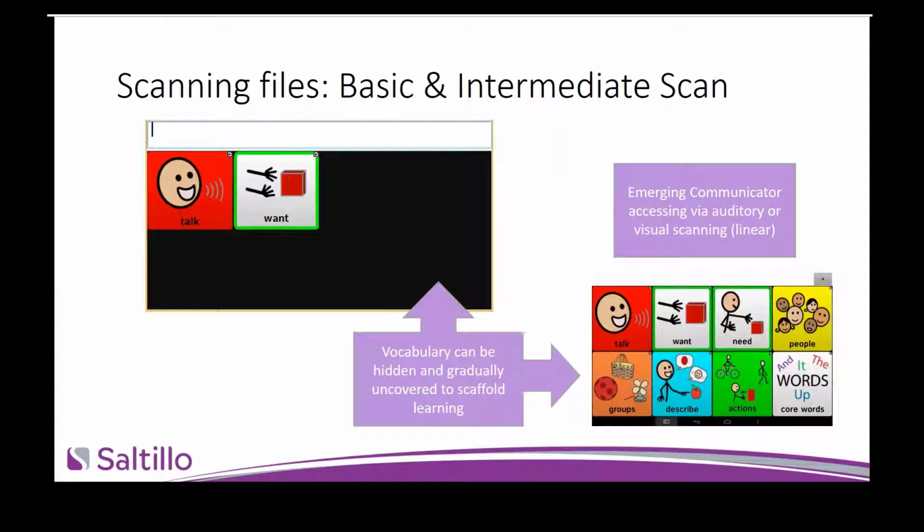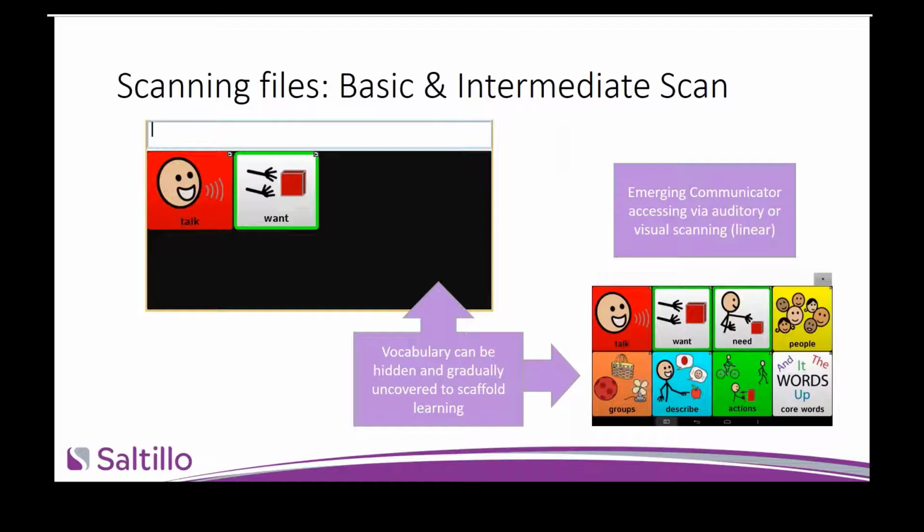Now, basic and intermediate scan not only has the sentence level utterances, but they also give you space for core vocabulary. That way you can balance increasing your functional communication as well as language development. Now, in this example, you can see where on the right-hand side, that screenshot shows you what basic and intermediate scan looks like when everything is unhidden. But if you wanted to start small, you could do what they've done on the left-hand side and mask a lot of the vocabulary.